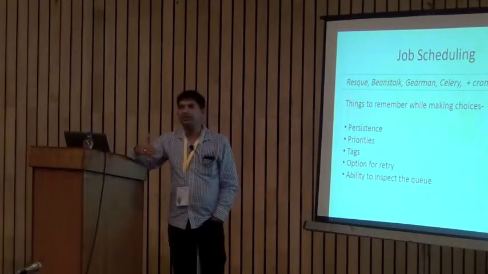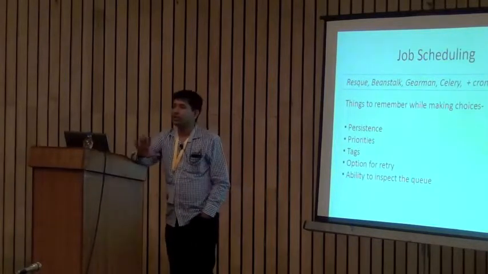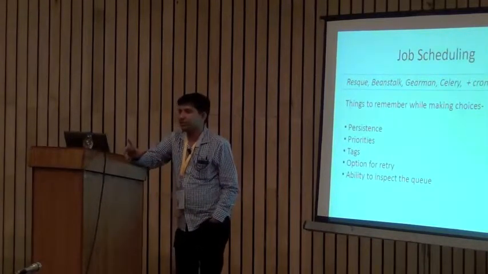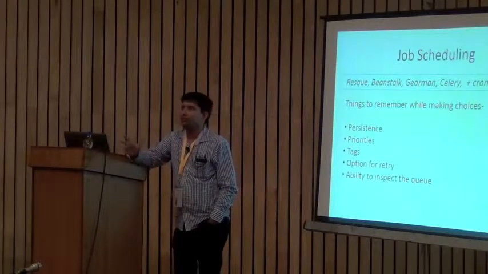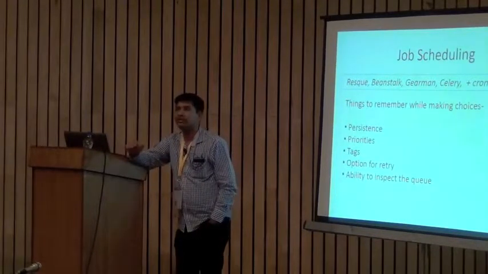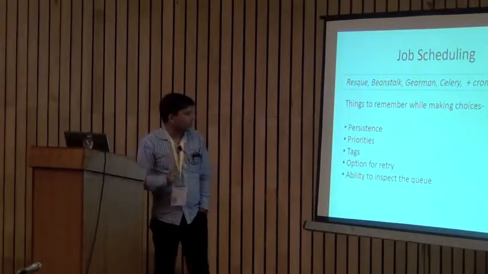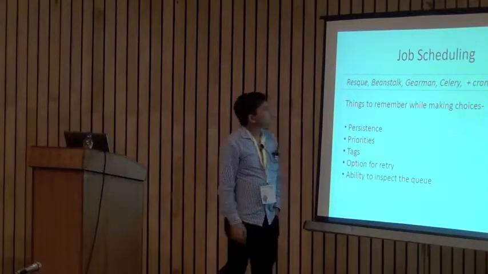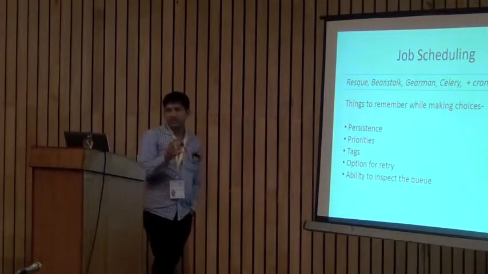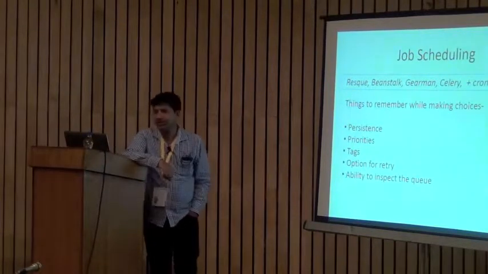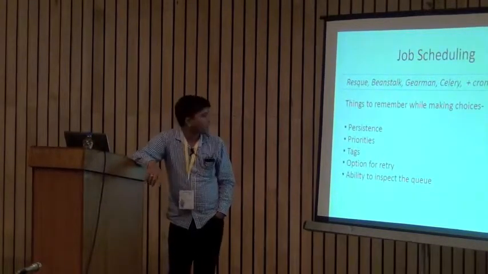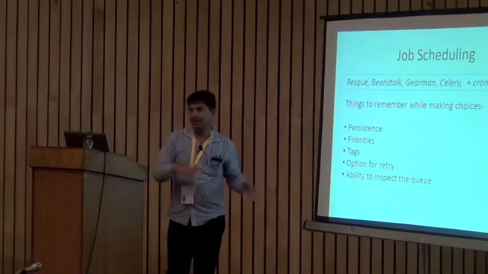Tags is something I really like. A process can have multiple tags, so it's host specific or charset specific, and only some workers will run on them. Also look for an option for retry and the ability to inspect the queues. Each of these gives 2 or 3 of these; they may not satisfy all the criteria.